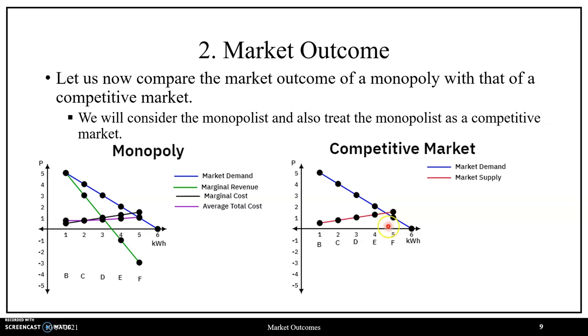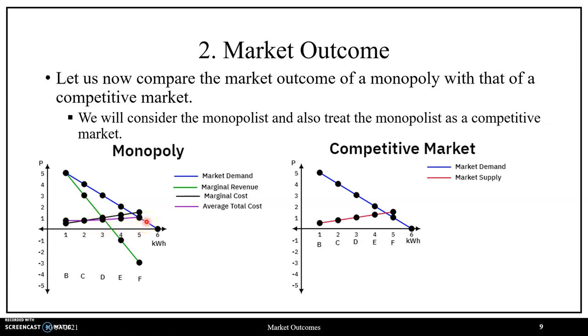In addition, if we were to consider the long-run equilibrium, that is, minimum average total cost equaling marginal cost equaling marginal revenue and the price of the good, we turn to our monopoly representation, look at our minimum value of average total cost, move up 75 cents, and move to the right until we reach our market demand.